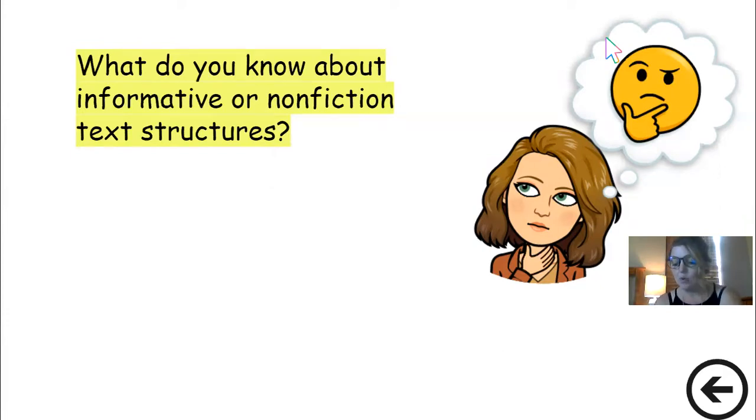So that's more of like your fictional story text. So what do we know about informative or nonfiction text? What different kinds of texts are there? That's kind of what we are going to dive into today. So if you remember anything at all about it, that might help you. If not, we're going to talk about it.